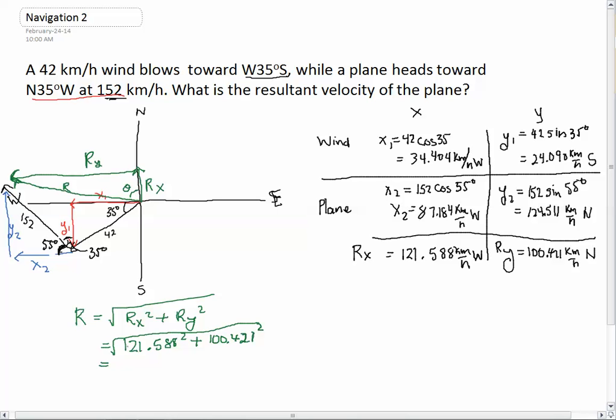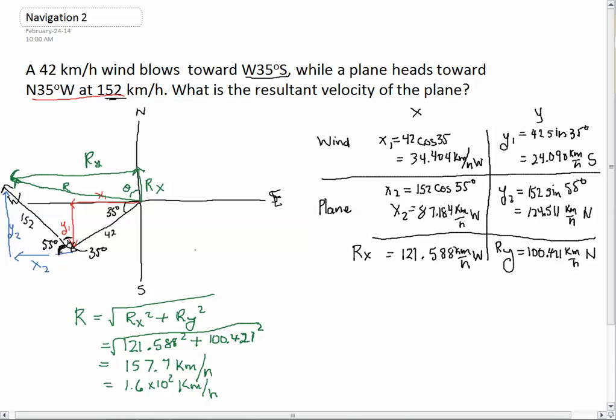When we calculate that, we get a magnitude of 157.7 kilometers per hour. And this question is to two significant digits, and so this becomes 1.6 times 10 to the 2 kilometers per hour.